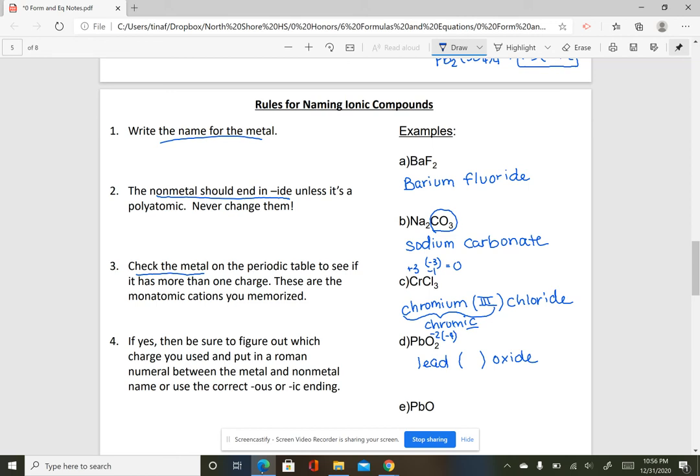So what does lead have to be? +4. They have to cancel each other out. So I would put a 4 in my parentheses. This is also the high number for lead. Lead could be 2 or 4. 4 is higher. So if I was using the Latin names, I would call this plumbic. IC for high.